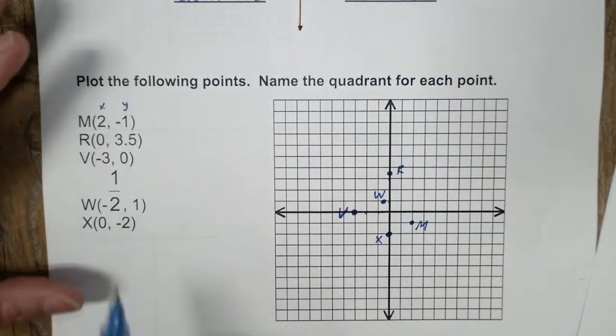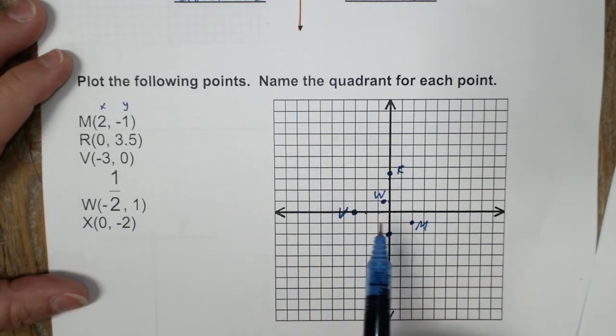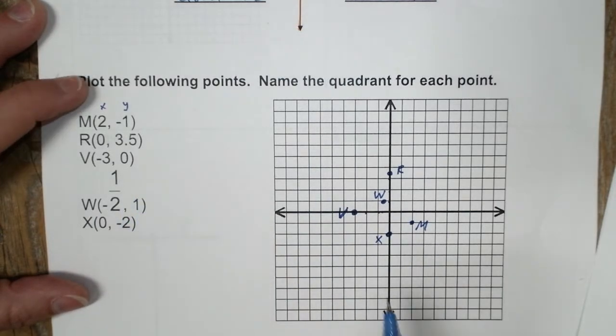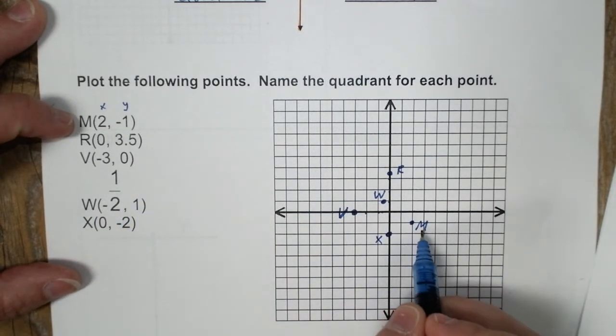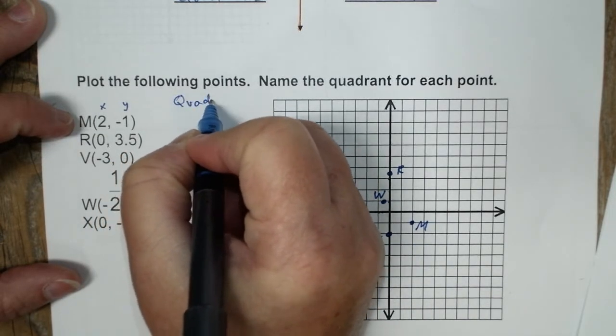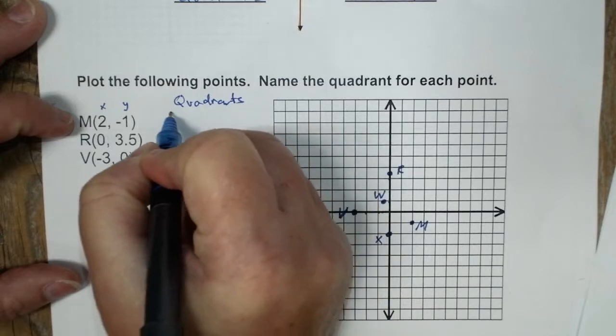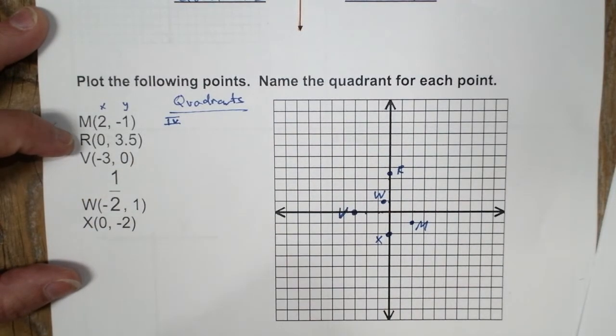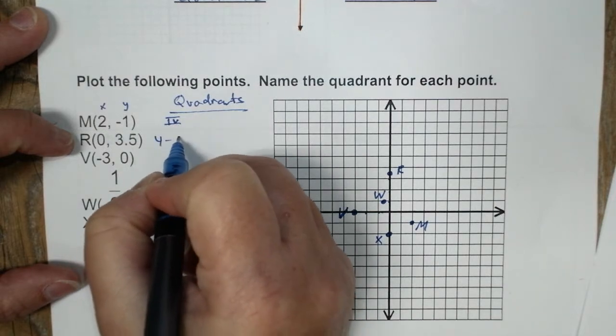You should be able to plot your points. You should also go from plotted points back to coordinate pairs. M is in quadrant 4. R is on the y-axis.